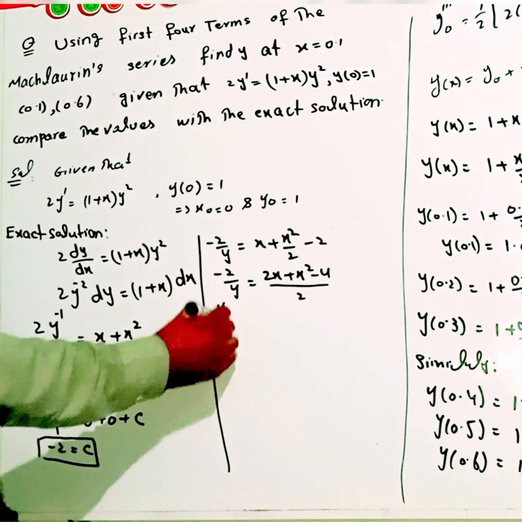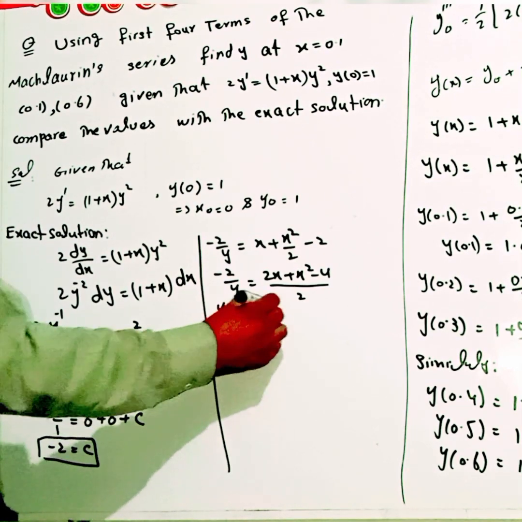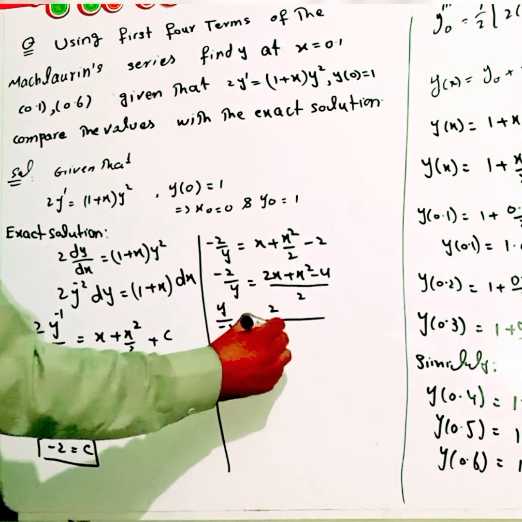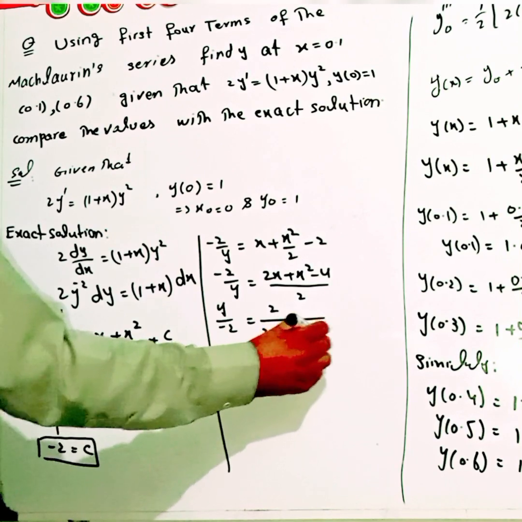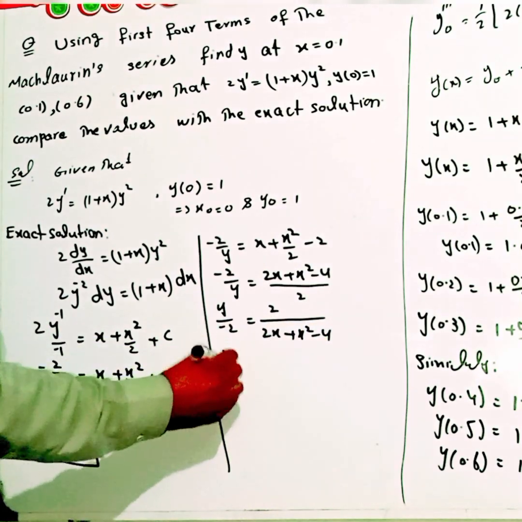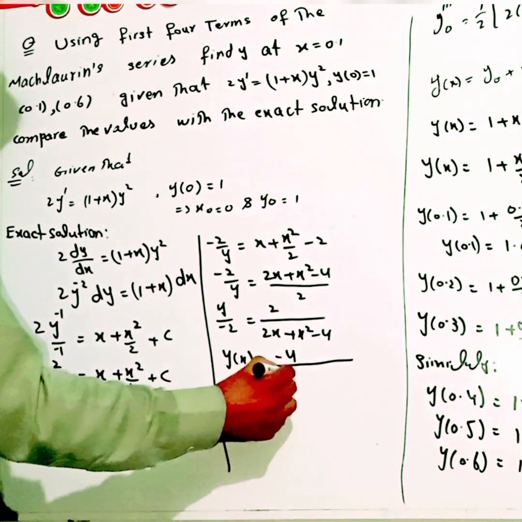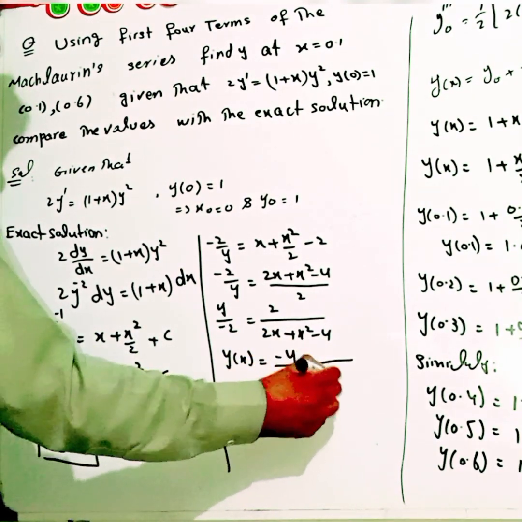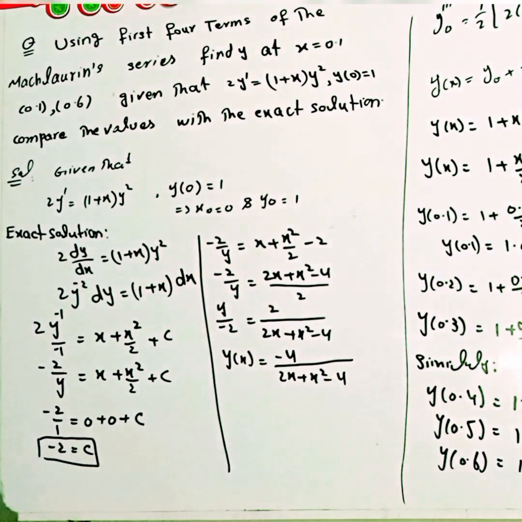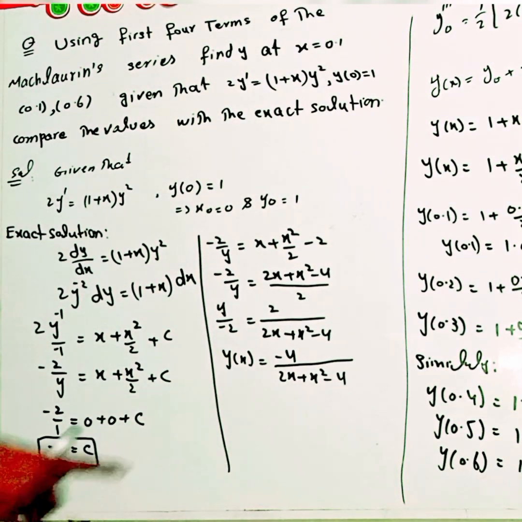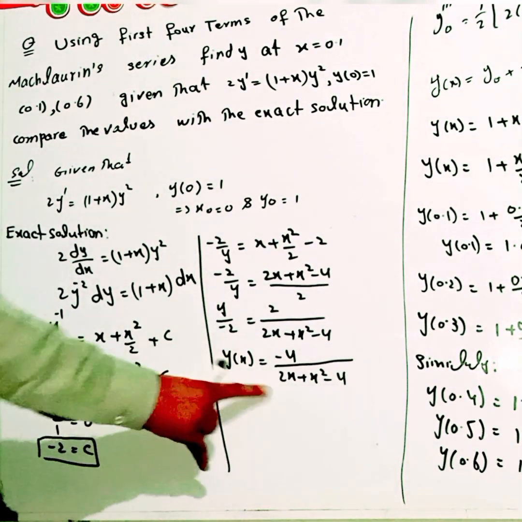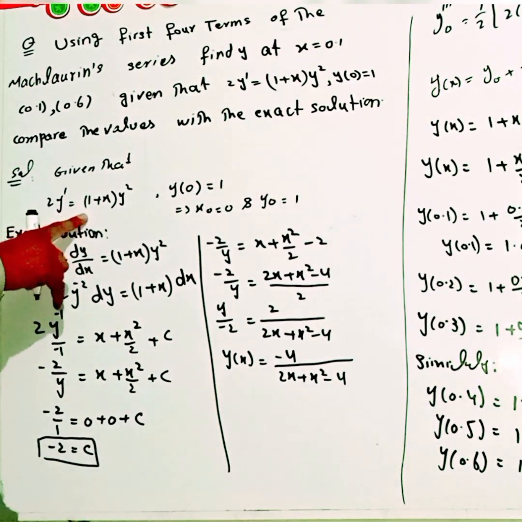Taking reciprocal, y over minus 2 is equal to 2 over 2x plus x square minus 4. So y of x is equal to minus 4 over 2x plus x square minus 4. This is the exact solution for this differential equation.